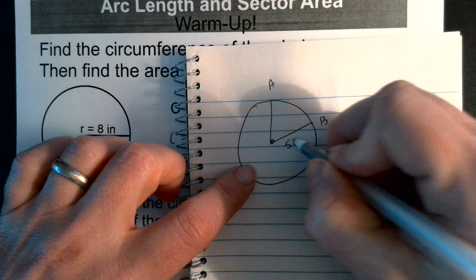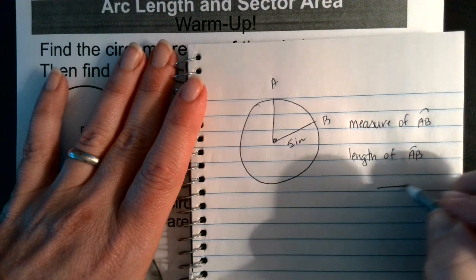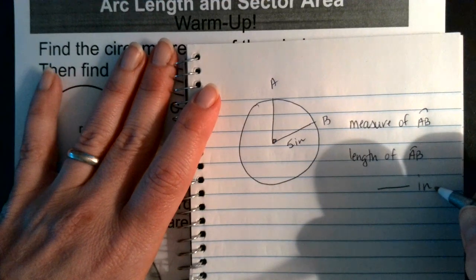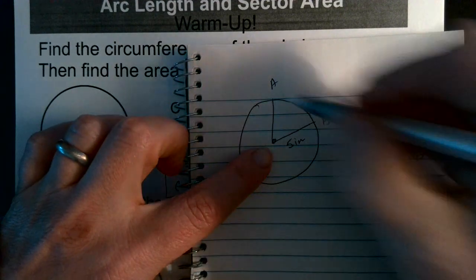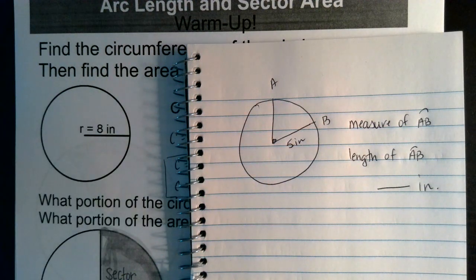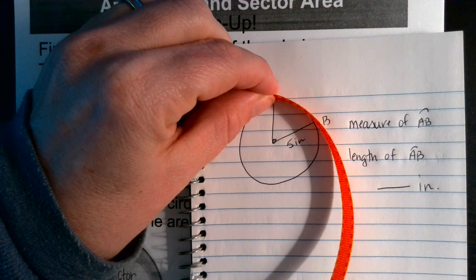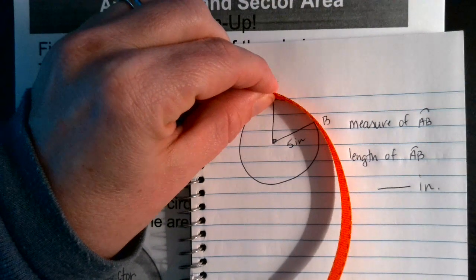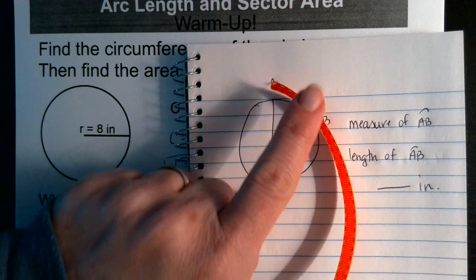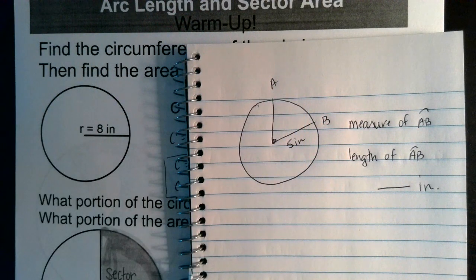So if this is 5 inches, the length of arc AB is going to be some length in inches relating to this. It is like taking a piece of string. I threw away my ribbon from the other day, but it's finding out how long this piece of ribbon is that's going to go from A to B on my arc, if I were to lay it flat. But the measure is going to be in degrees.